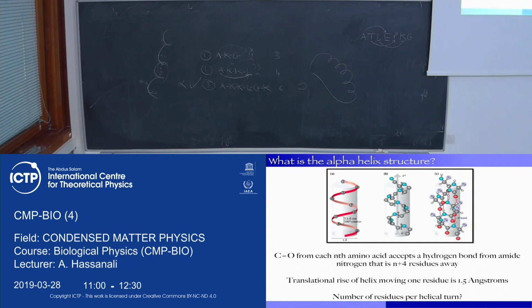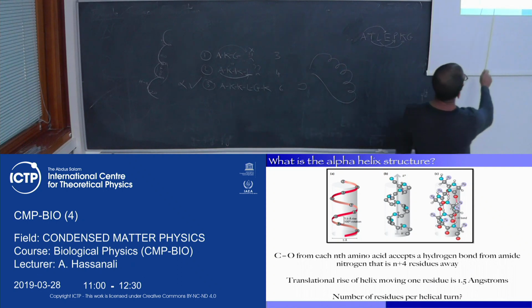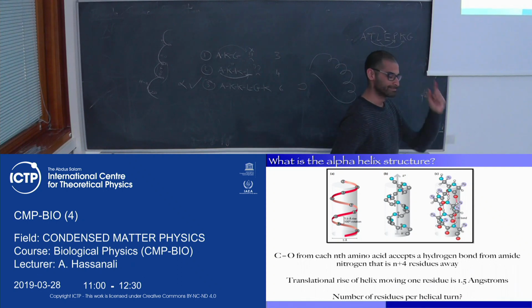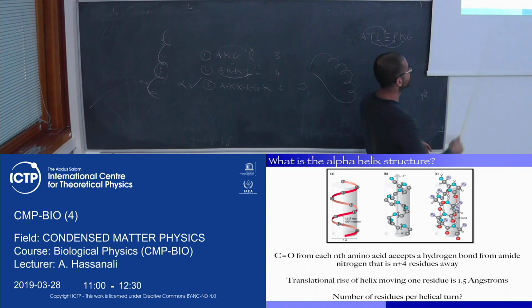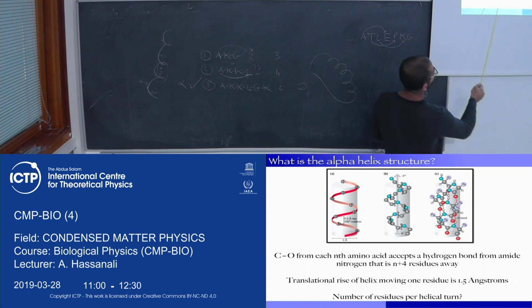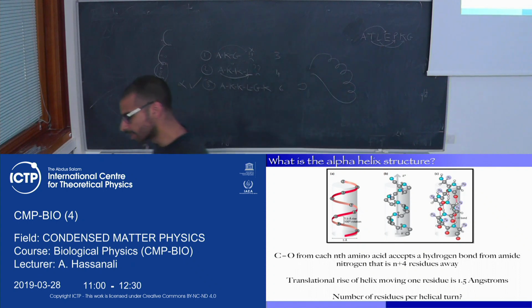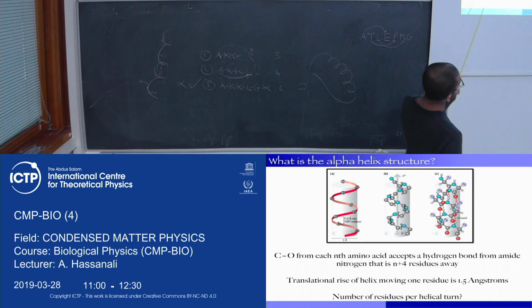The pitch, the amount you move along the axis, the height of the cylinder, is about 1.5 angstroms for every 100-degree rotation. And this is again given by the restrictions of the hydrogen bonds.